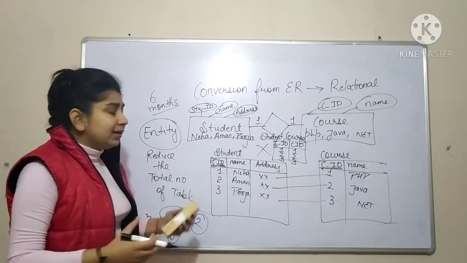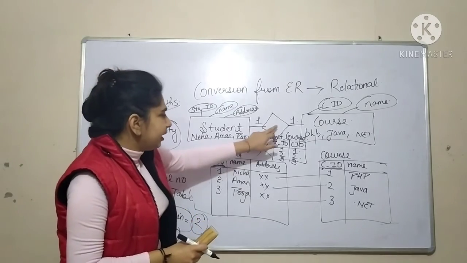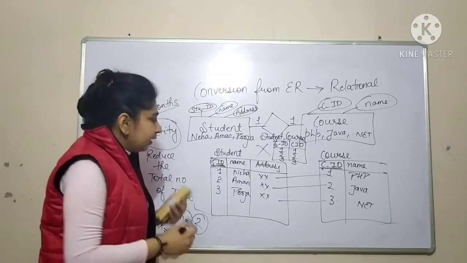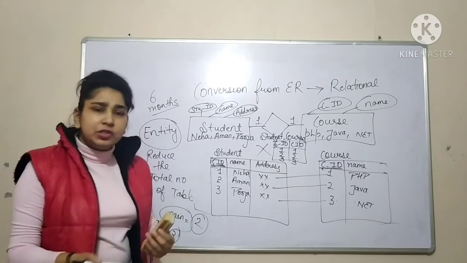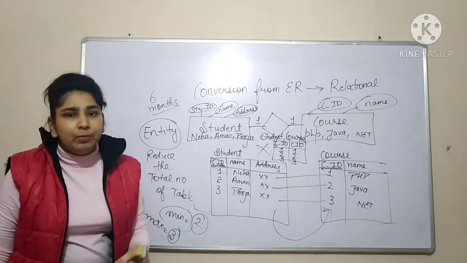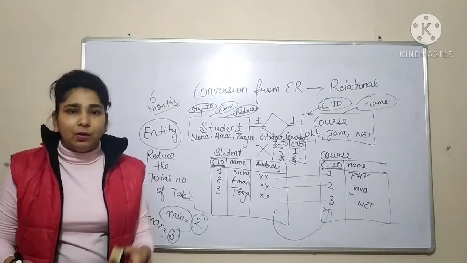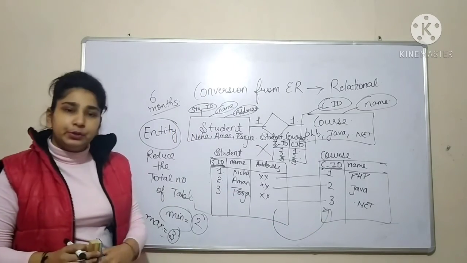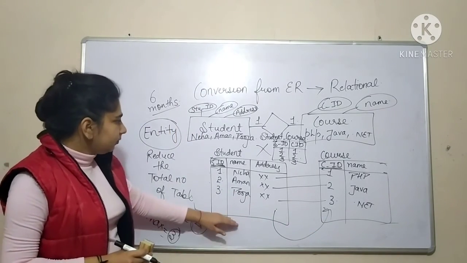Okay, we don't need to make the separate table for the relationship, because we can also manage the relationship between the two tables with the help of only two tables. We don't need an extra or separate table to define the relationship between the two tables.